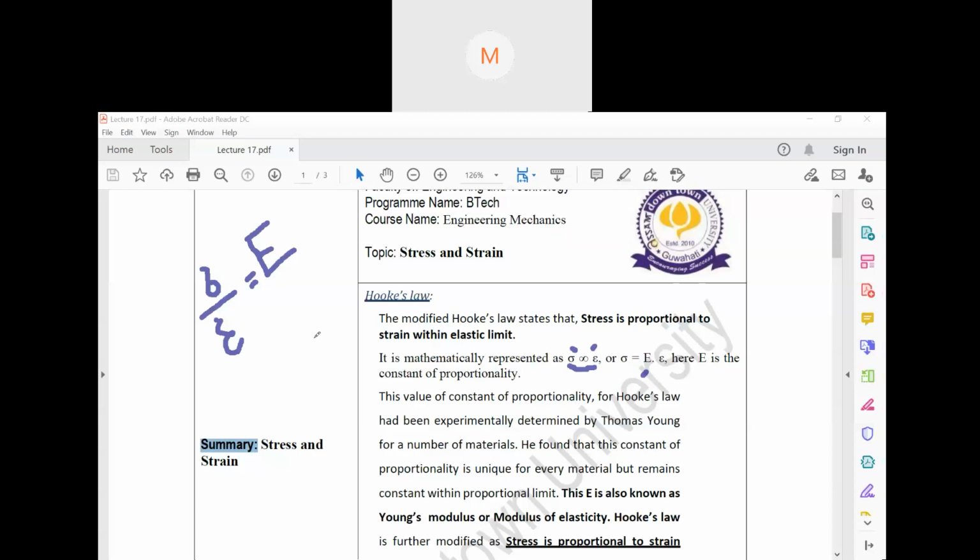Now if you see here, stress sigma is equal to, you all know, force per unit area, right?